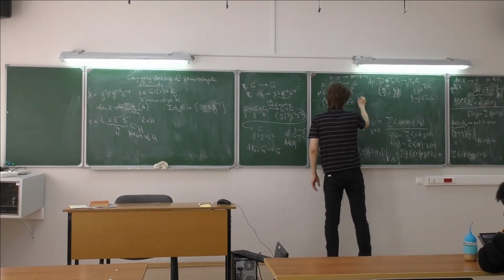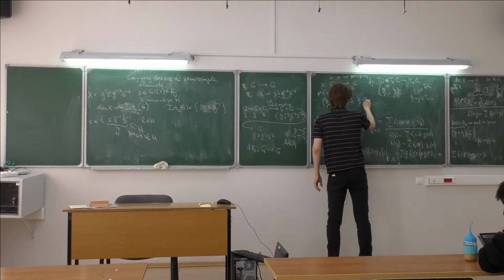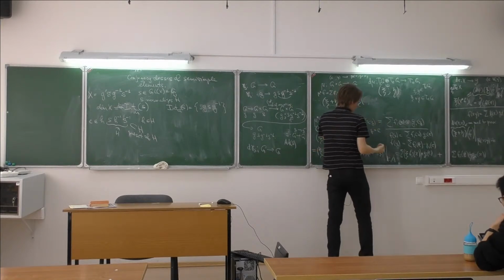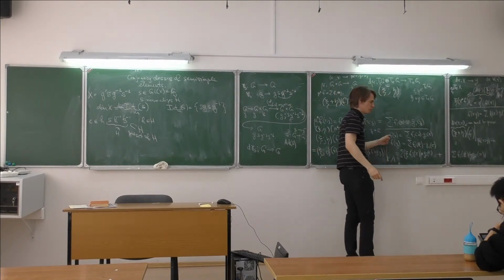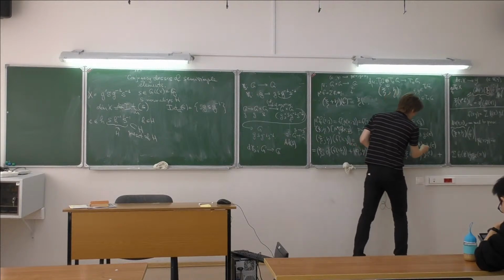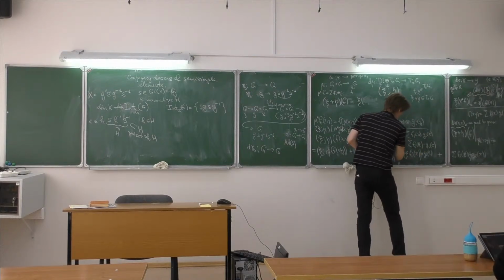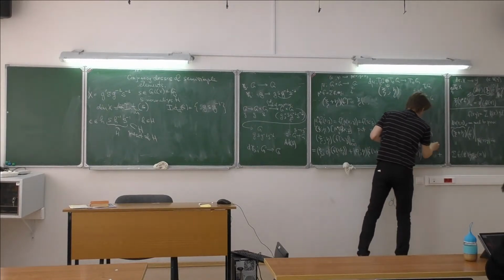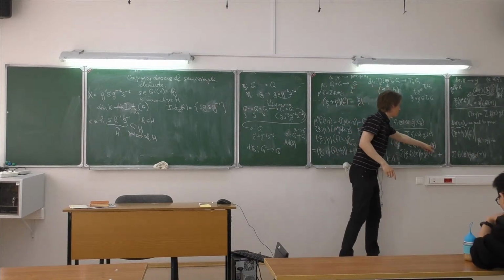I can apply xi to f, or I can write it additively and use these formulas. So here I'm writing down f of y, the variable that is varied.